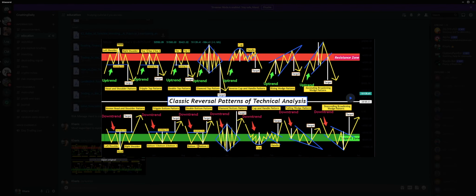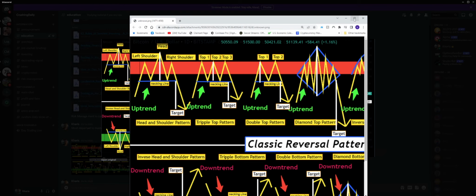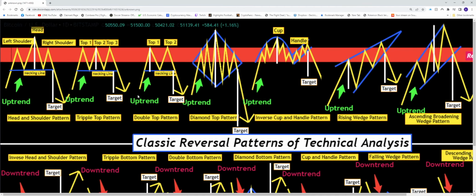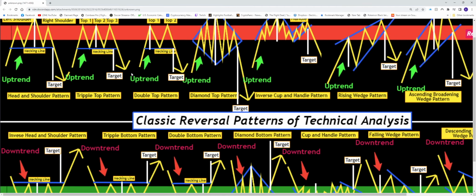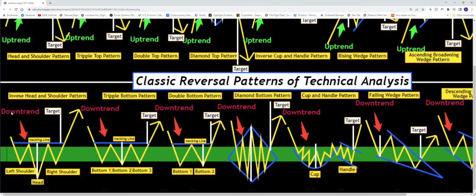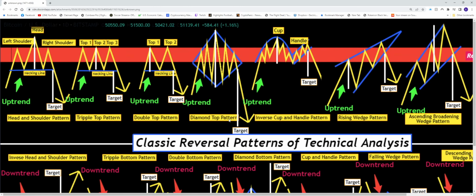Once you find this somewhere on the demand zone or supply zones, if you're in a demand zone, you're looking for a bounce from the downtrend. There should be a pattern. Most of the time it's a falling wedge, double bottom, or head and shoulders. On the top, you normally see head and shoulders, double top, or maybe a falling wedge pattern.